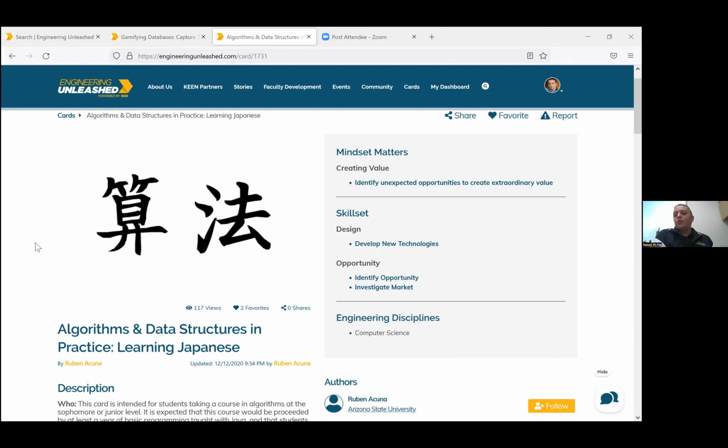And the interesting part also, when we started talking about this project in the class, we started thinking, okay, why do we need to learn Japanese or any other language? And we started having a nice conversation, changing the climate in the classroom to develop something new for learning and for education. And students came up with so many interesting ideas that could link different concepts from different courses.